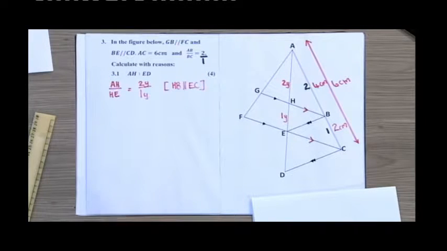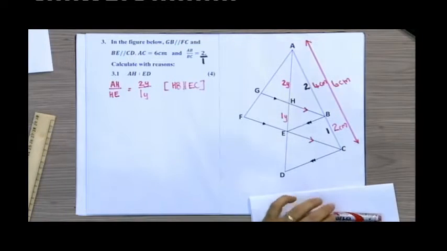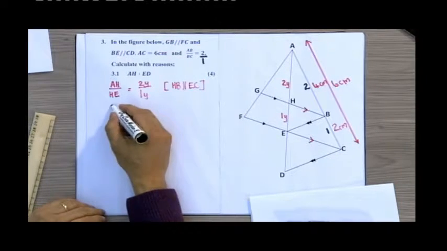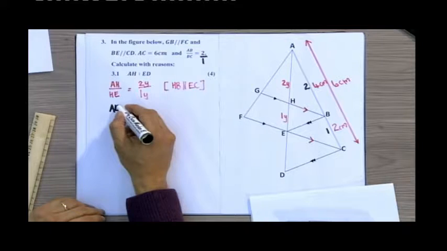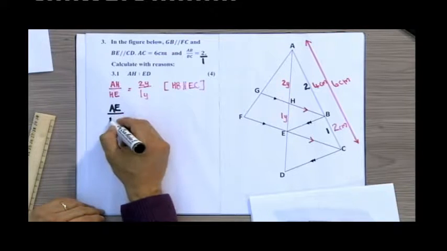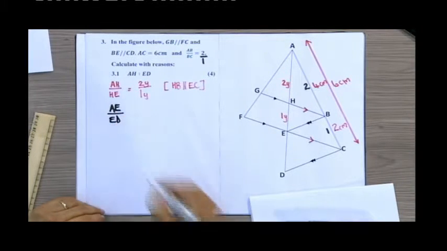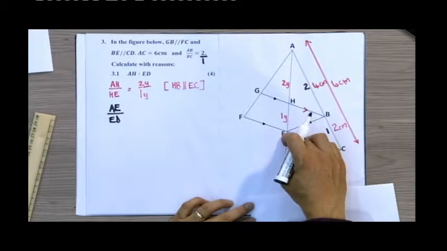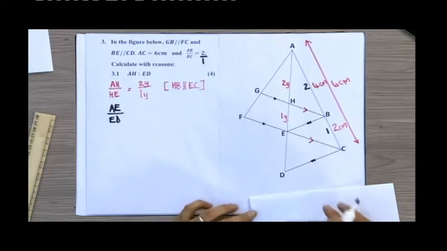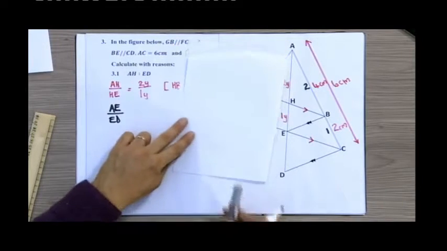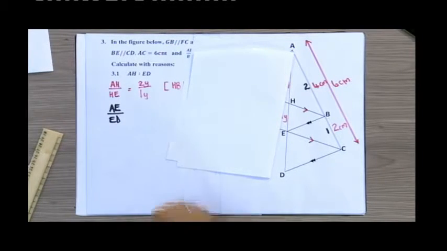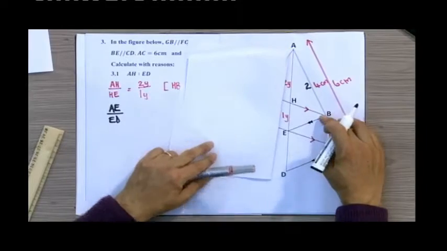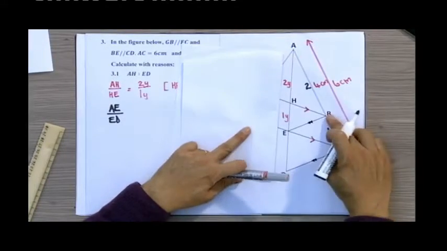So what can we derive from that? Give me another color. So AE over ED. Again, if you look at that triangle, there are my two parallel sides, that one and that one.